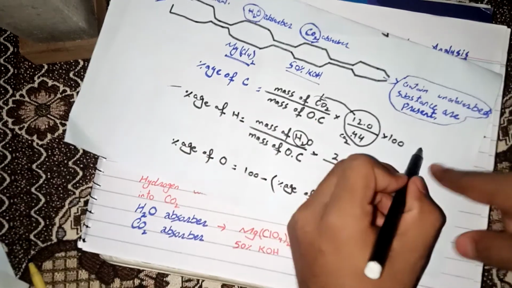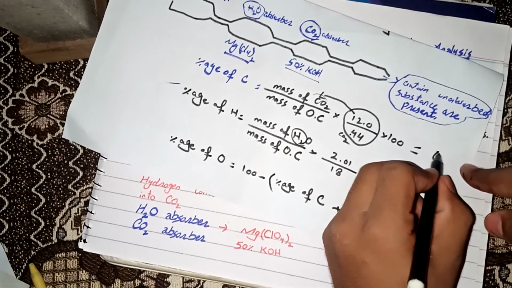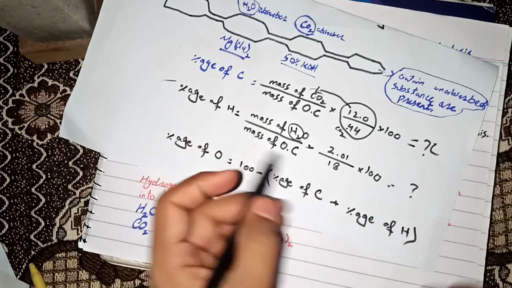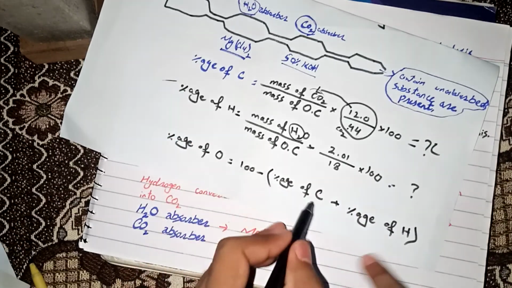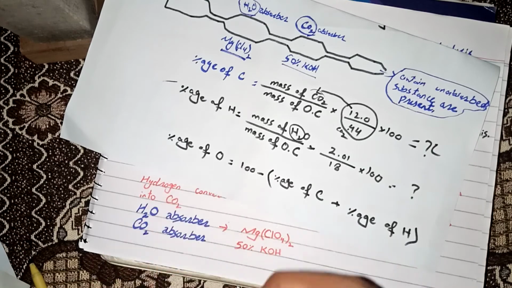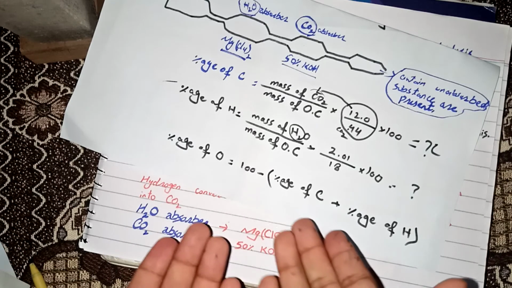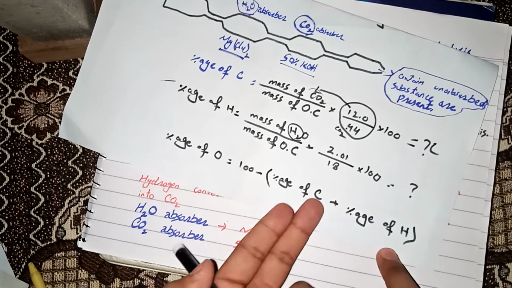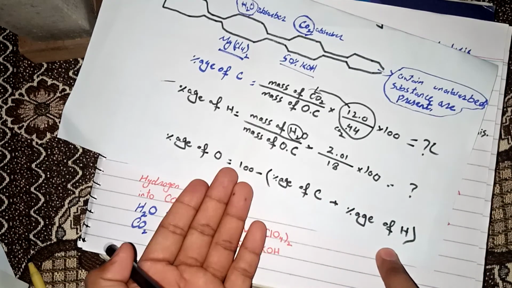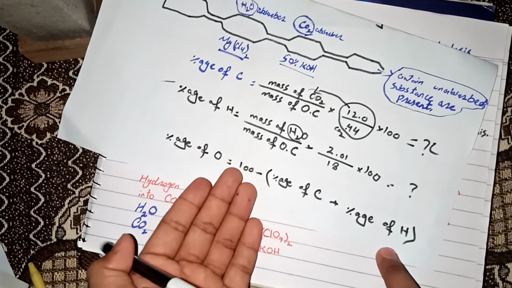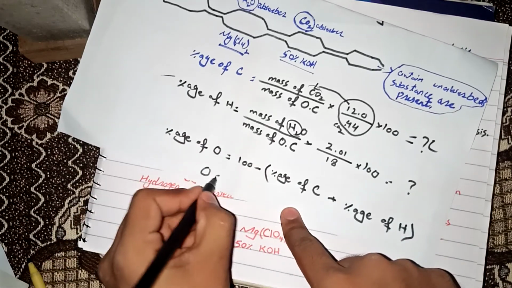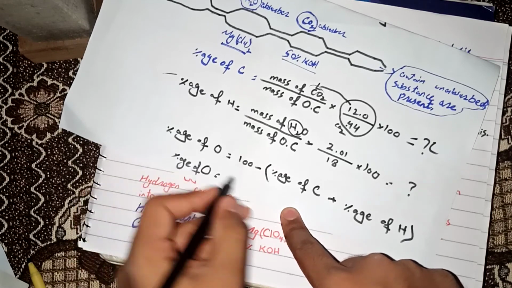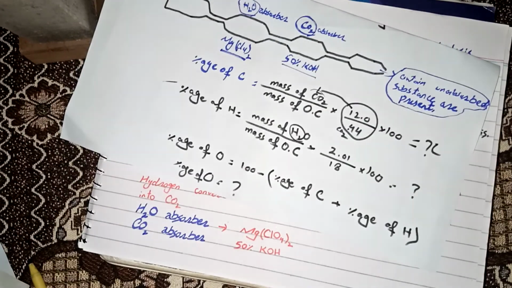Means by this process we obtain the carbon amount, and by this formula we obtain the hydrogen amount. By adding these two amounts and subtracting from 100, we obtain the percentage of oxygen.